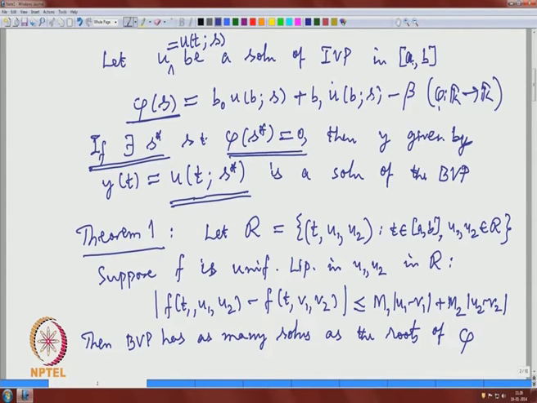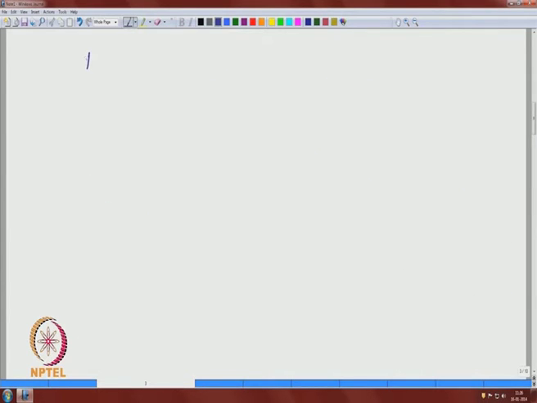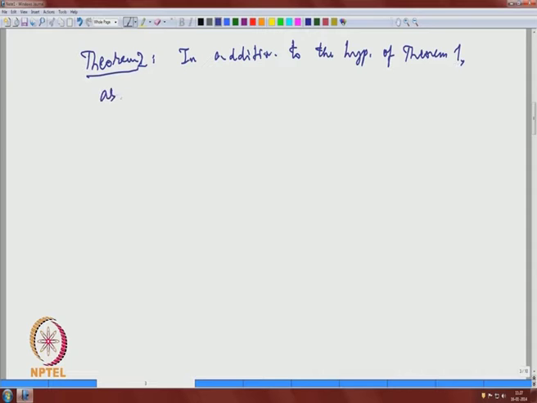So, now we go to the second theorem, some uniqueness result. Theorem 2: in addition to the hypothesis of theorem 1, assume some smoothness condition on f.